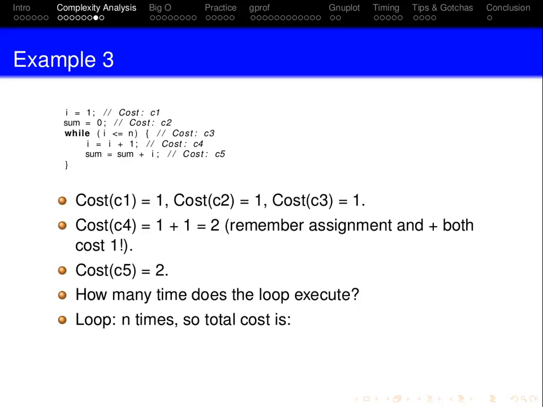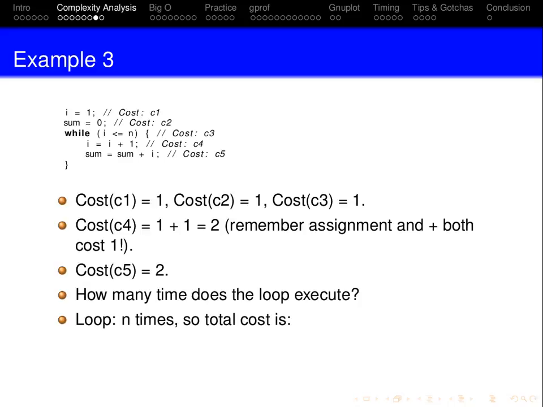Who can get this formula? You must come up with a formula that involves n. 7n? 4n plus 3? 4n, from the cost of C4 and C5.